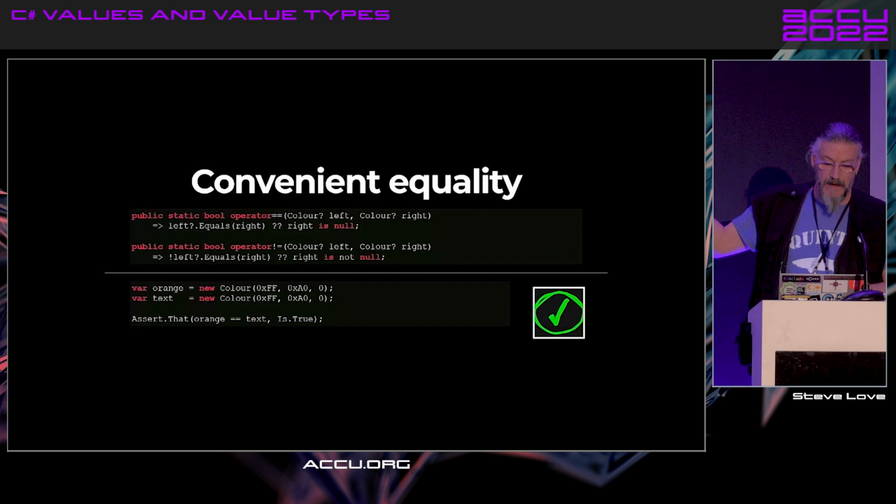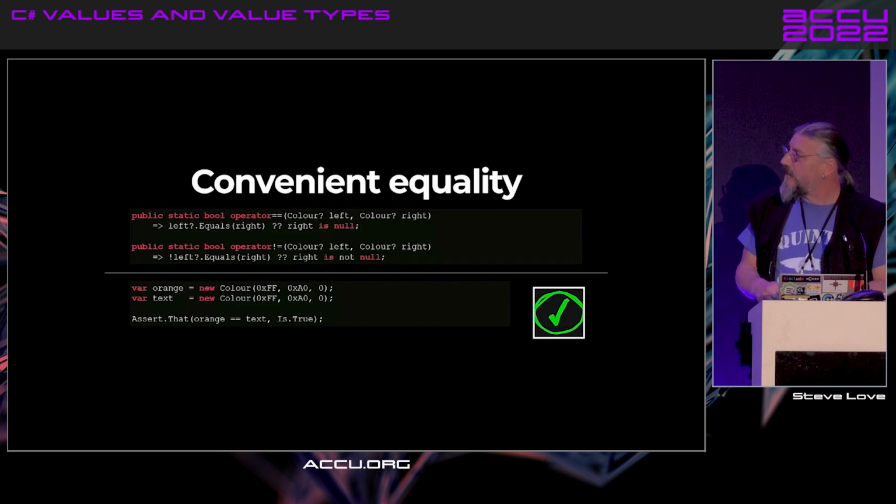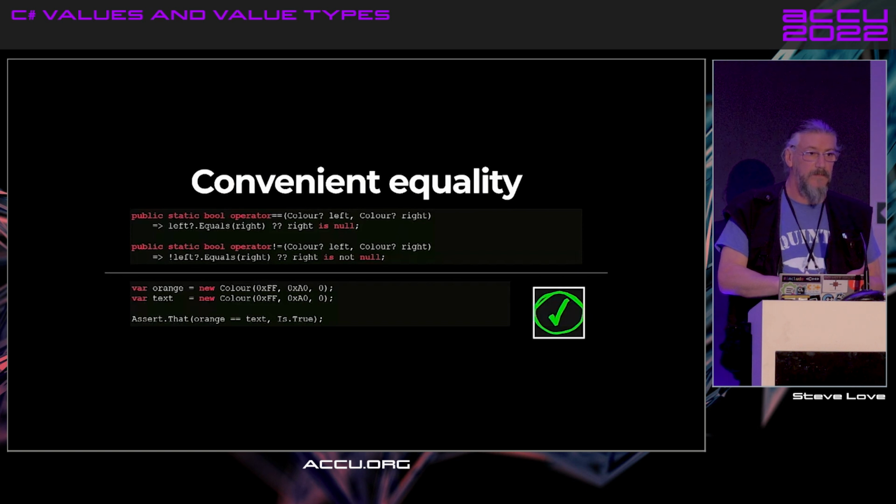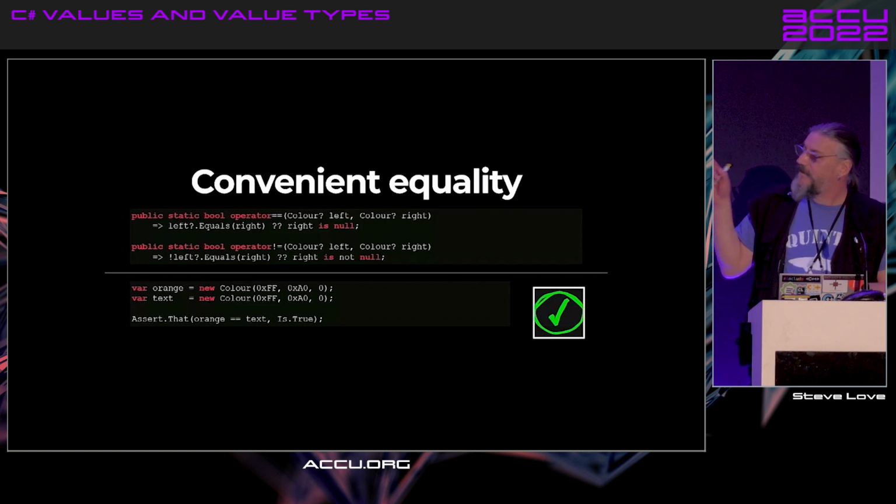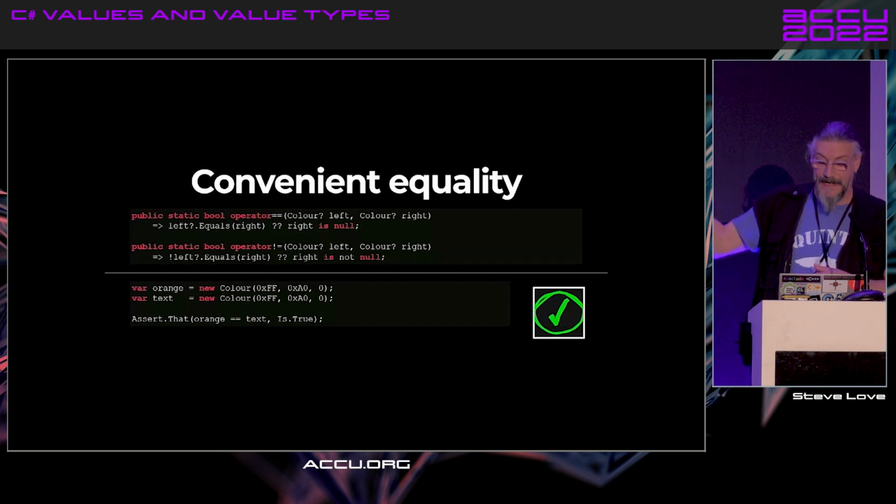the left question mark dot equals is a null conditional operator. So the equals method will only be actually invoked if left is a non-null reference. If the left reference is null, equals doesn't get called. It hits the right-hand side of the null coalescing operator, which is double question mark.